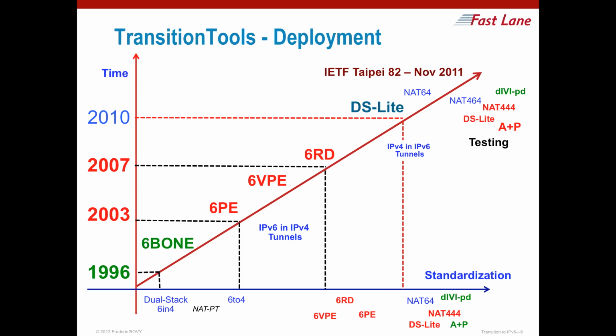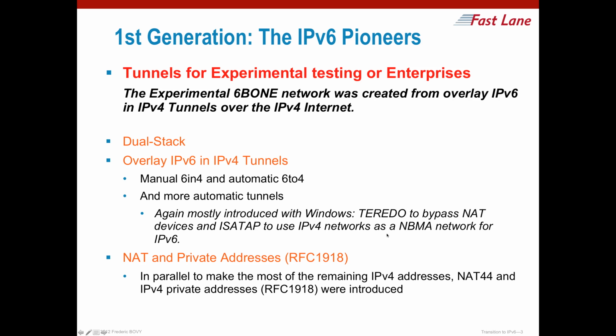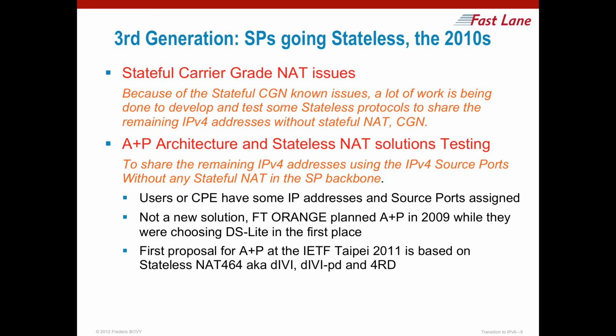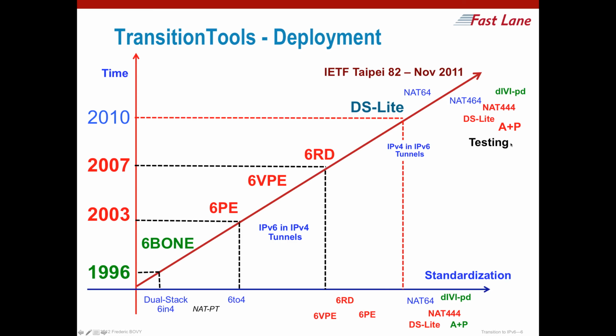Then NAT 6.4 is going to translate IPv6 to IPv4 and will permit the customers to access some IPv4 content from an IPv6 only network. There are some other tested protocols, like the third generation protocols I have already explained, but these are for the moment mostly tested.